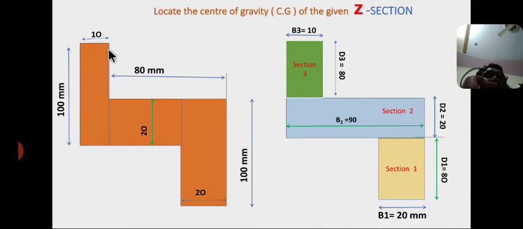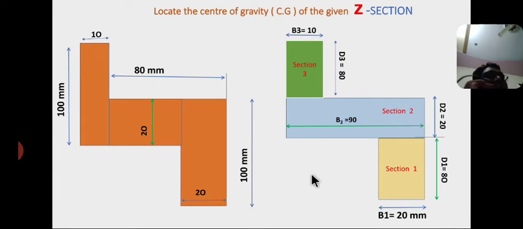The height of the third rectangle, from here to here, is the total height 100 mm minus 20 mm. So the height of the third rectangle is 100 minus 20 equal to 80 mm. So d3 equal to 80 mm. So these are the dimensions.